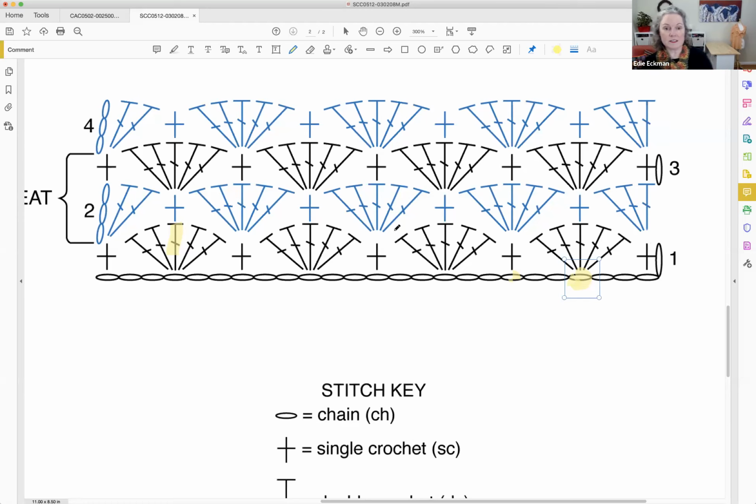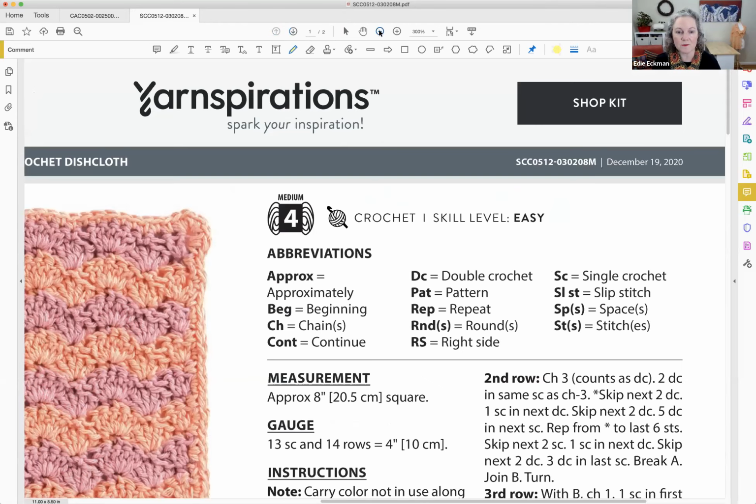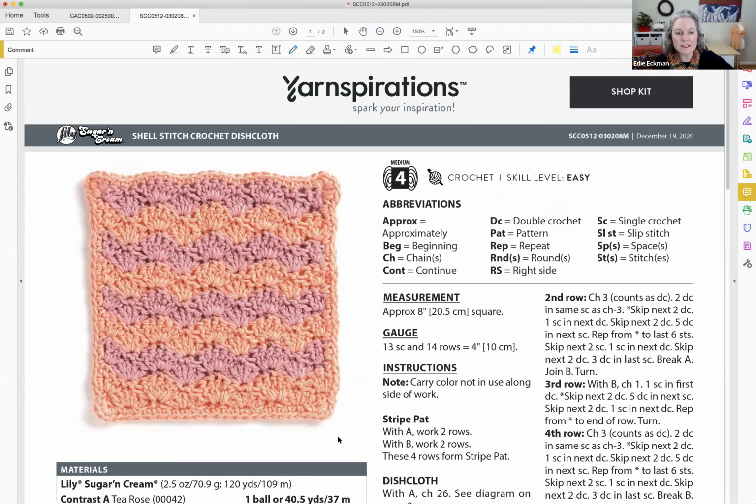In this case, right here, just looking at this, I can't tell whether this is 2 different colors or not. I would have to read the pattern itself to find out whether they're wanting me to change colors or whether it's all done in one color. I don't know. But in this case, I'm guessing that it's just all one color. Now, I'd have to go back to the pattern itself and see what's going on with the pattern to see if it gives me instructions about, okay, it says carry color not in use alongside of work.